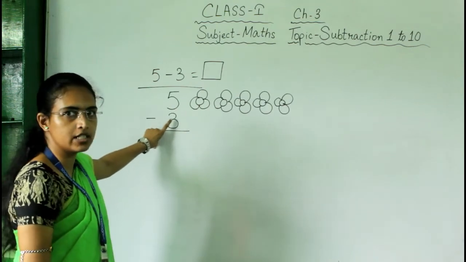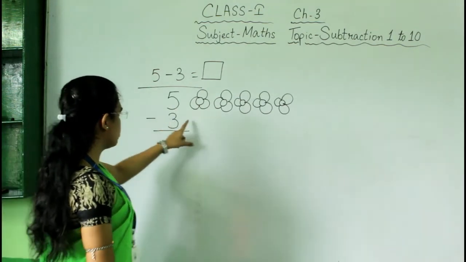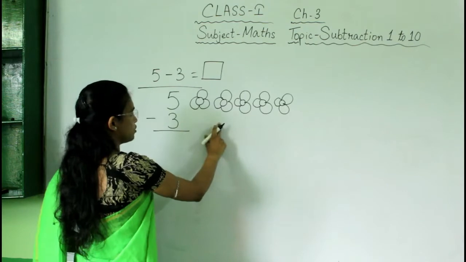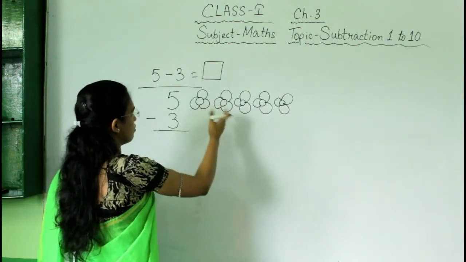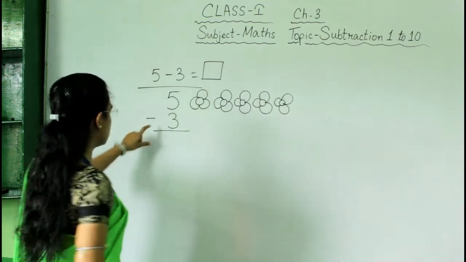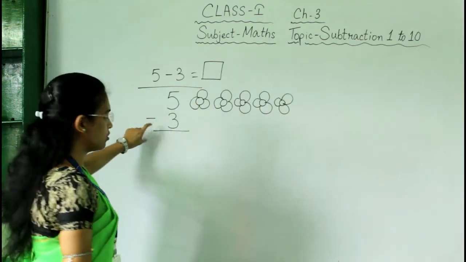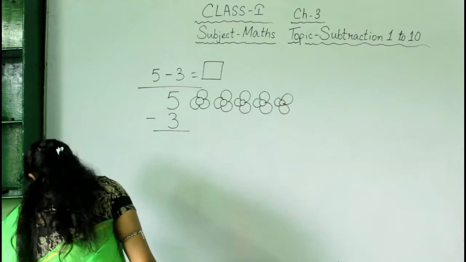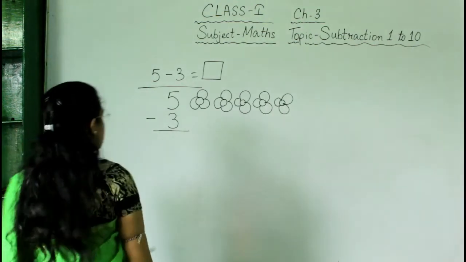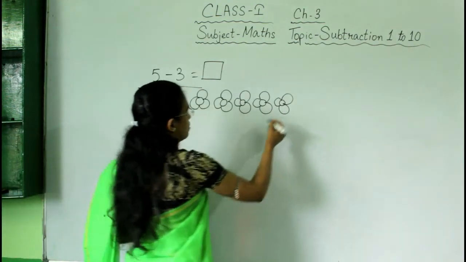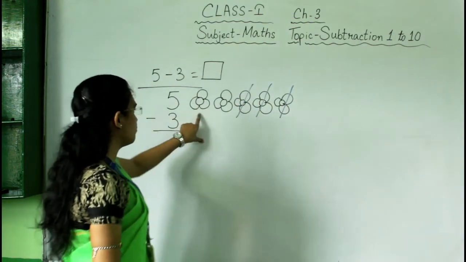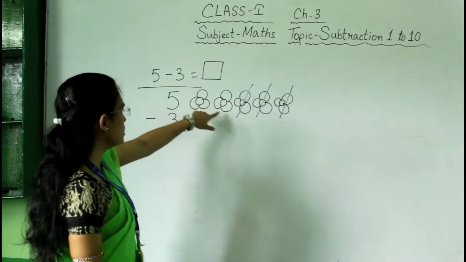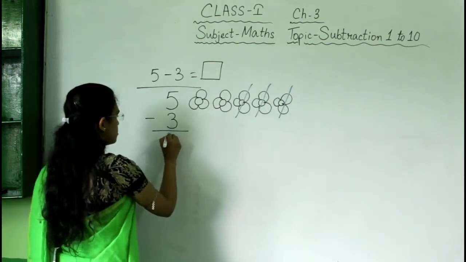Now, which number is this? 3. So, we have to draw 3 more flowers. No, we have to cut 3 flowers from these 5 flowers because we are doing subtraction. Okay? So for this, what we have to do? We have to cut 3 flowers. 1, 2, 3. So how many flowers are left? 1, 2. So the answer is 2.